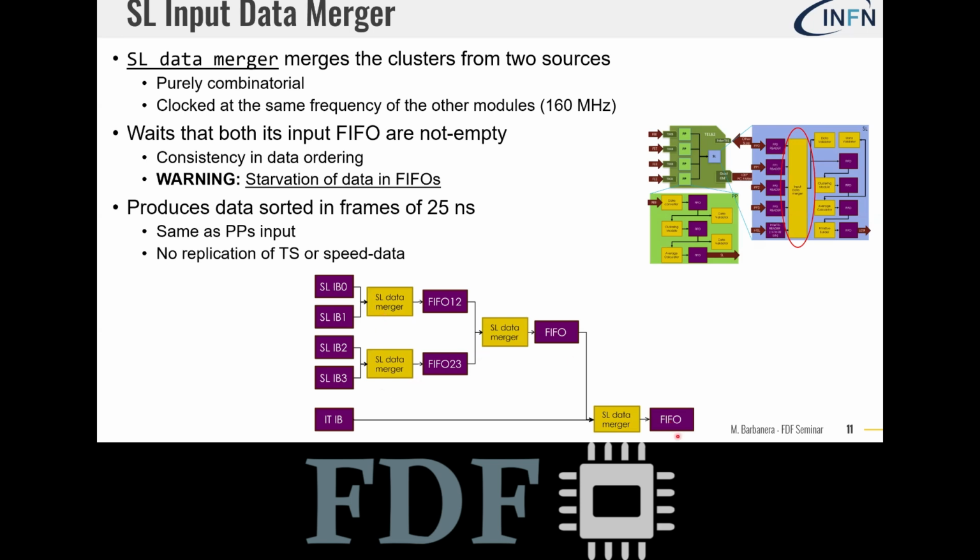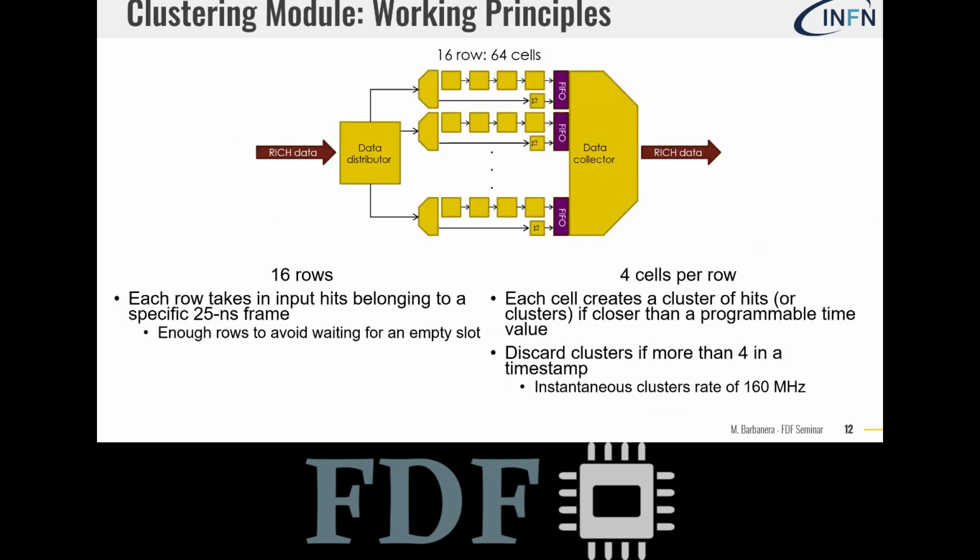After the 3 steps, there will be just one stream of data as in the single PP, single preprocessing FPGA one. This single stream then goes into the clustering module, which is the main module of the gateway, which is still divided in some minor blocks.